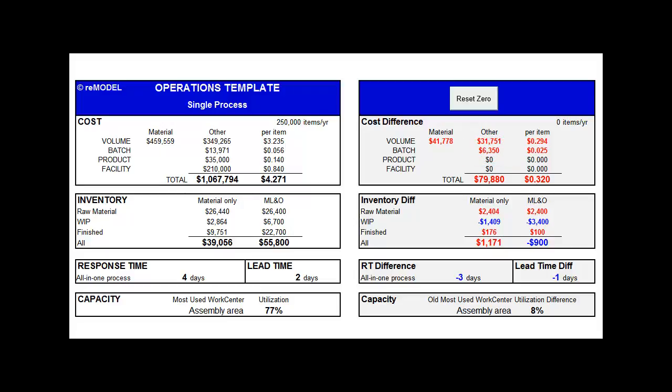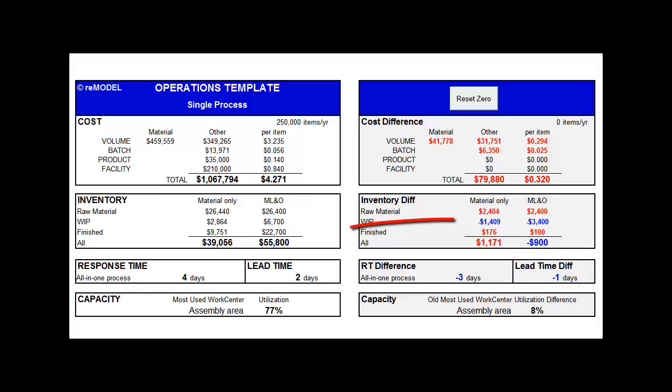And then looking at the raw material, that number goes up because raw material is measured in days quantity, not units. So because we're using more material to make the same amount of output, the same number of days' worth means there's more material. So the raw material stock goes up slightly. Whereas work in progress goes down because we spend less time to process all the batch, which is why lead time goes down by a day.